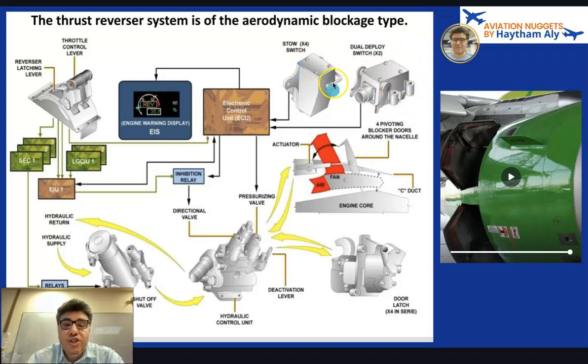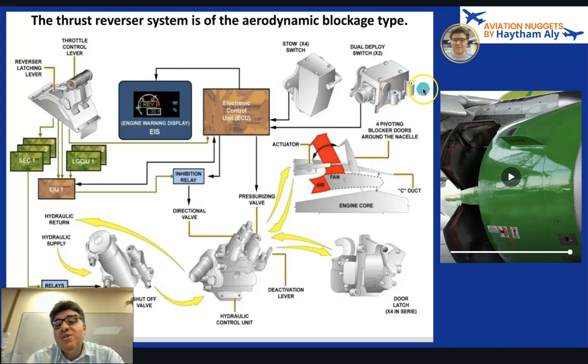Okay. The stow switch gives an indication if the thrust reverser is at 0% or 1%. Any stow switch giving that the blocker door is at 1% of its angular movement, so you will have reverse in amber on the N1 dial.